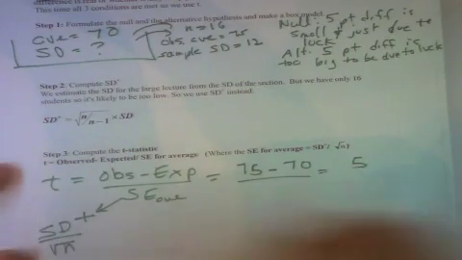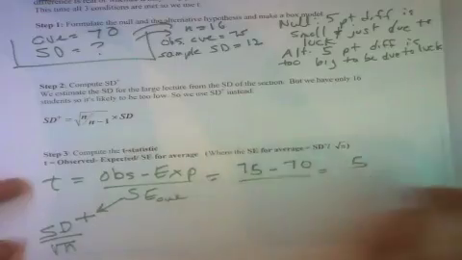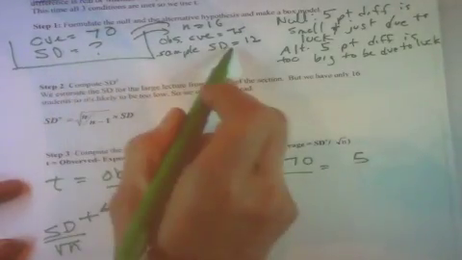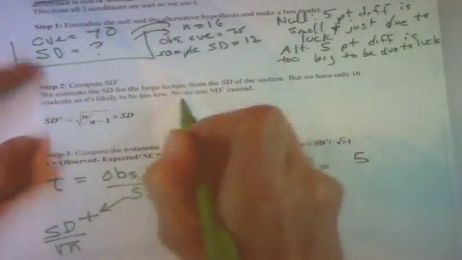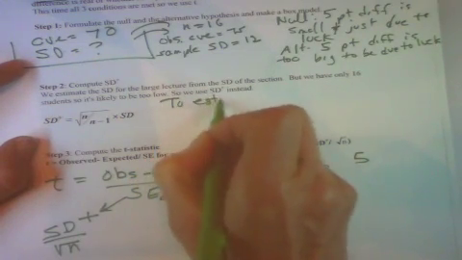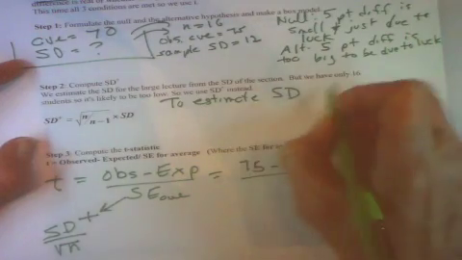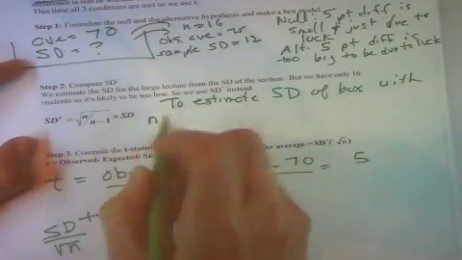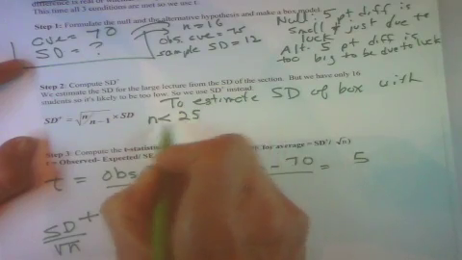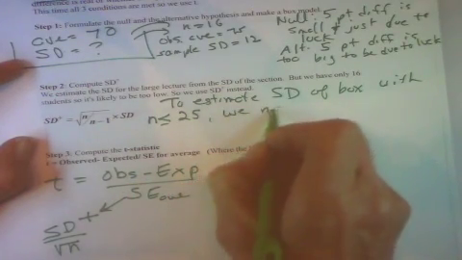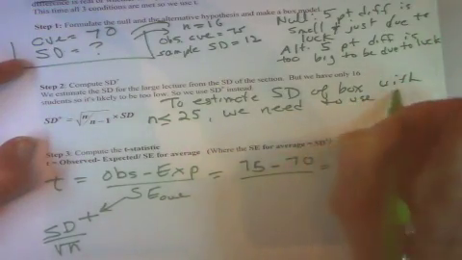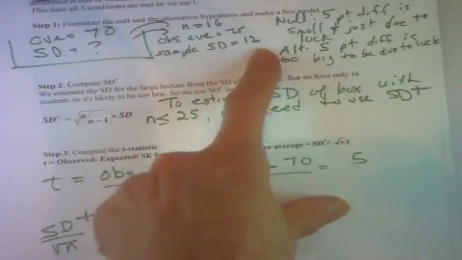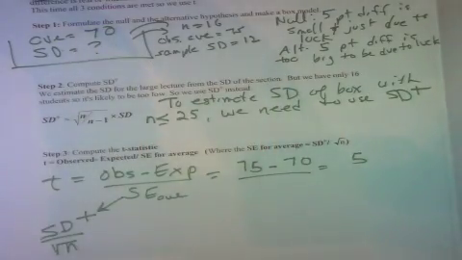So let's look at this. We have to compute SD plus. We can't use the sample SD. To estimate the SD of a box with n less than or equal to 25, you need to use SD plus, not SD. So we can't use 12. We have to make 12 a little bit bigger.